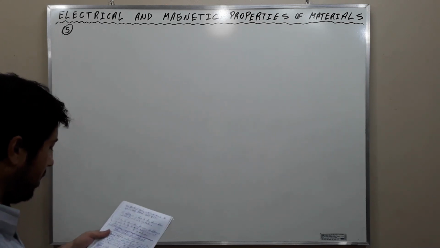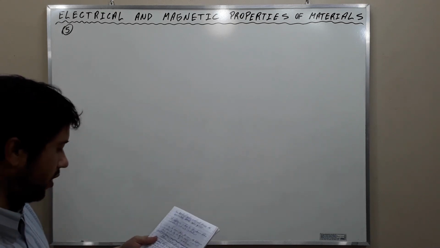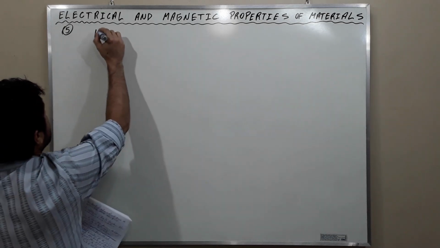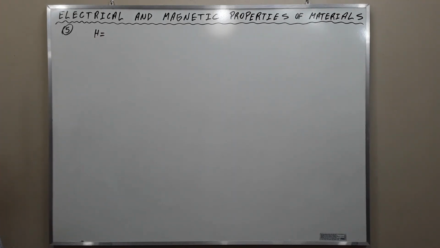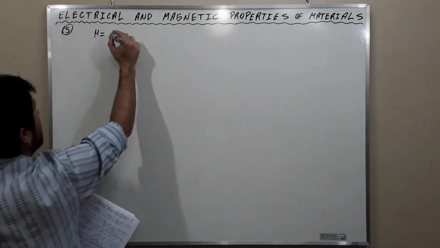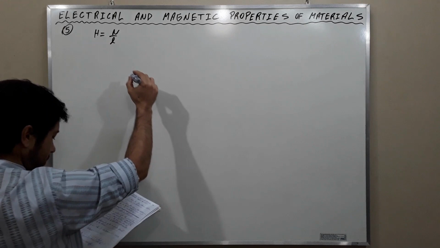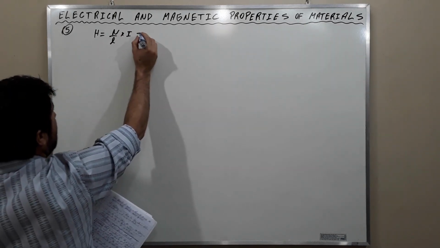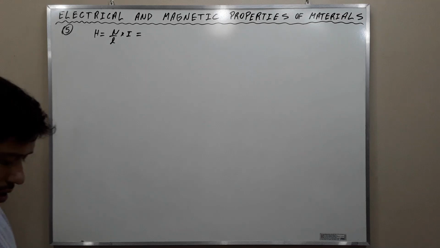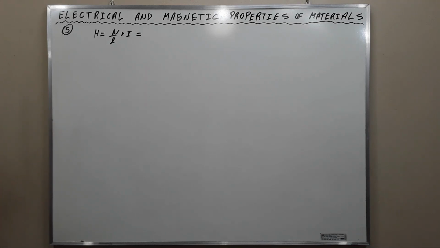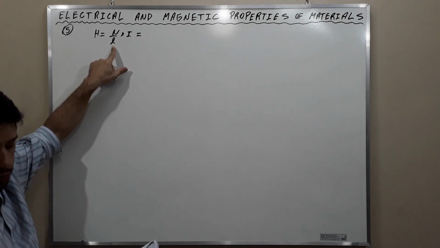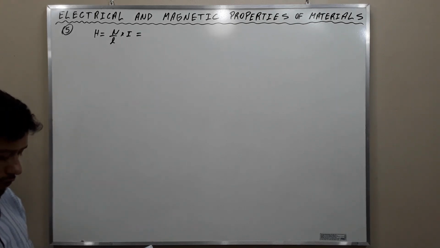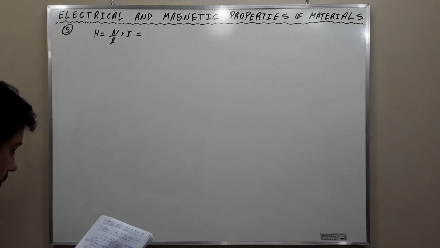The magnetic field intensity can be calculated using this expression, N over L times I, where N over L was given as 1000 turns per meter, and a current of 0.01 amps.